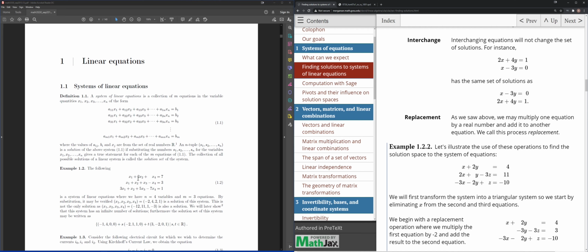Likewise over here, a scalar times x1 plus x2 plus a scalar times x3 plus some scalar times x4, where the scalar here is minus 7. Typically we're going to write the equations in this form, where your variables are on the left hand side and you just have a constant term on the right hand side.